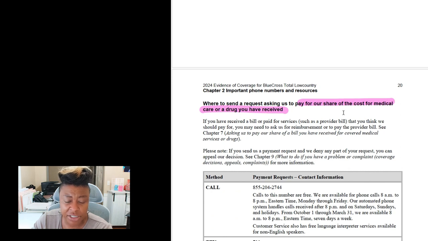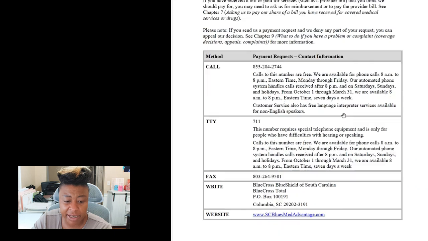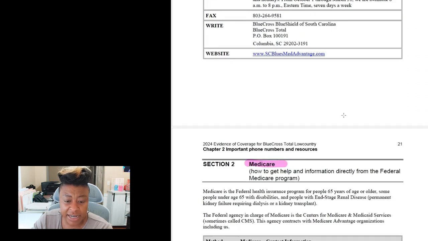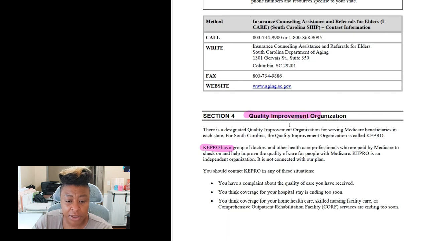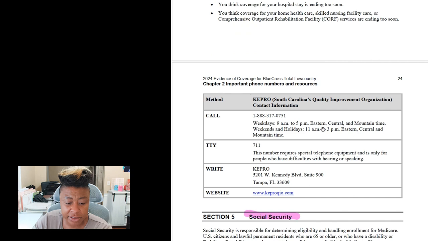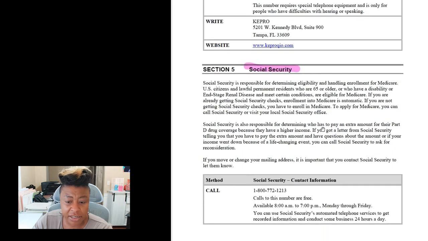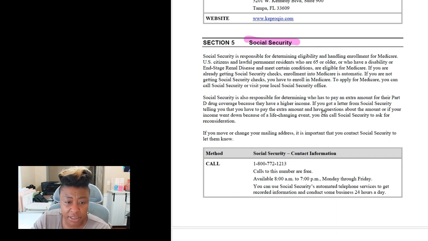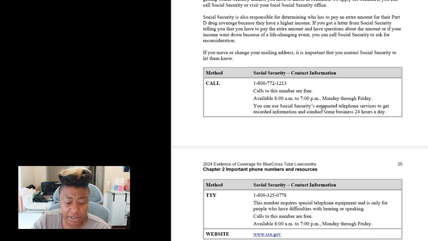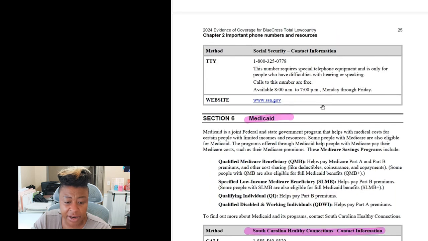Then they give you information for how to contact Medicare directly, state health insurance assistance program. So the QIO, or Quality Improvement Organization, that information is there. And then if you need to contact Social Security, which would be who you would want to call maybe to see if you qualify for low income cost sharing, you can go into that section and find their information.